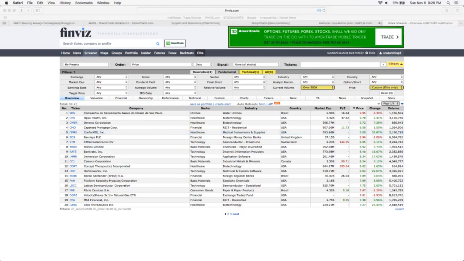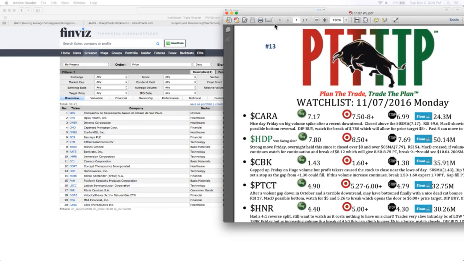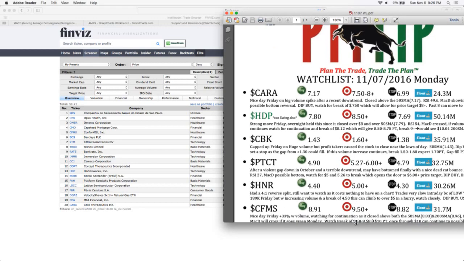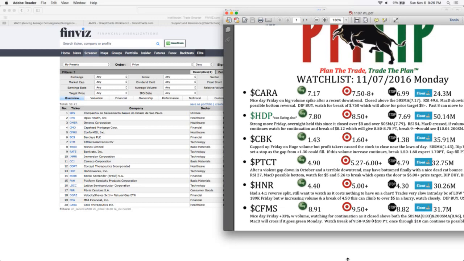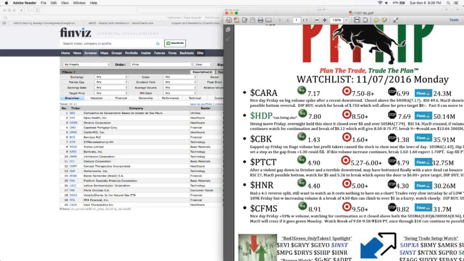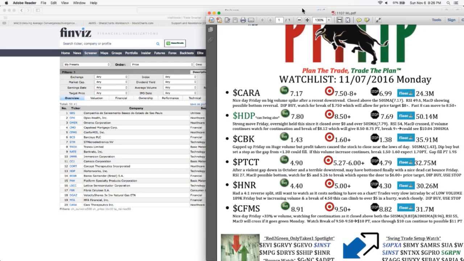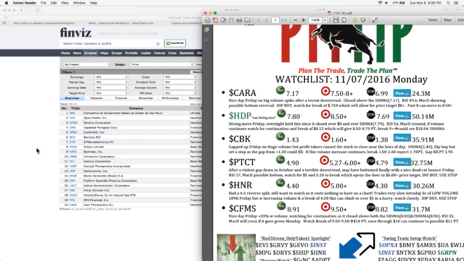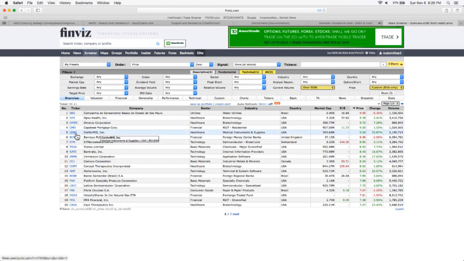And the reason I put it on the watch list, if I can pull it up, and there it is, CFMS. Okay, and let's actually take a look and see what I wrote about it. So CFMS, here's the chart.